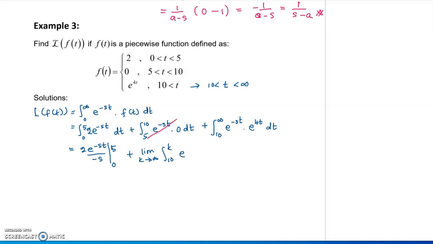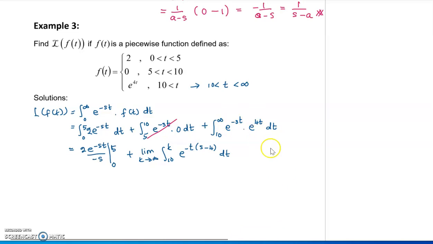Just like in example 2, we need to take out negative t so that in the bracket we have negative s plus s minus 4. If we expand the term in the bracket, we are going to have exactly the original term here.